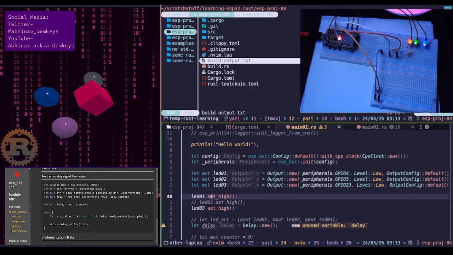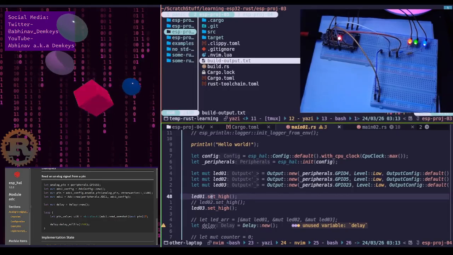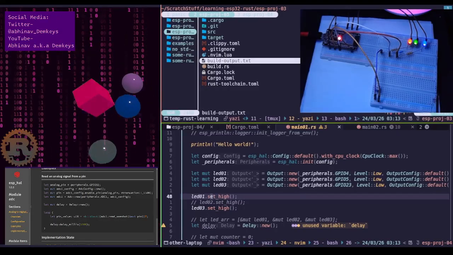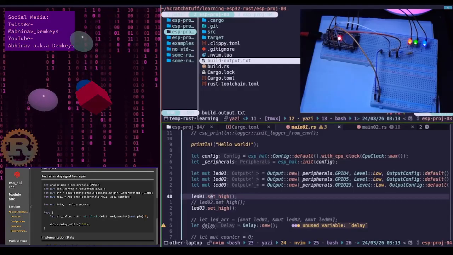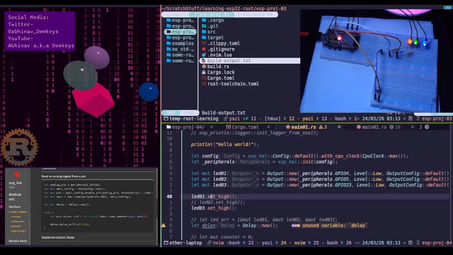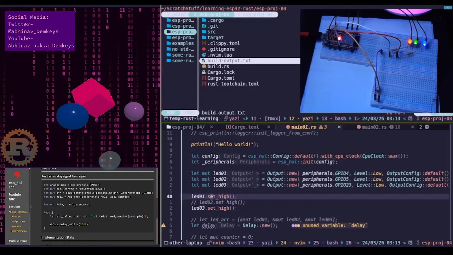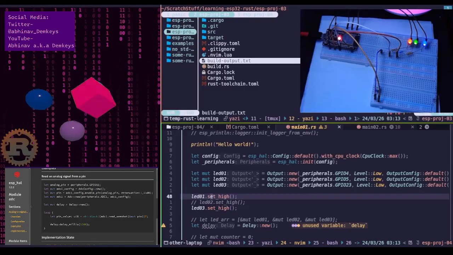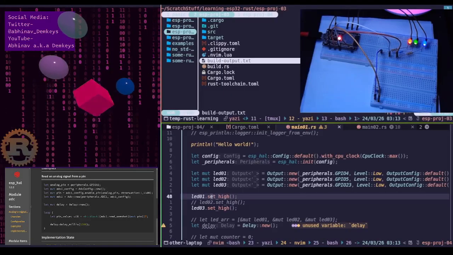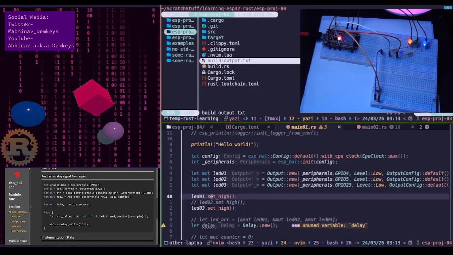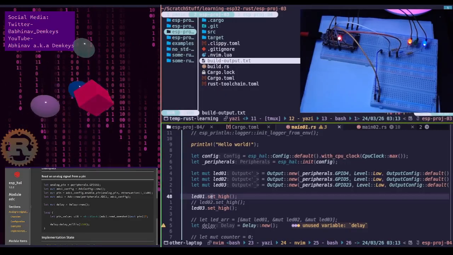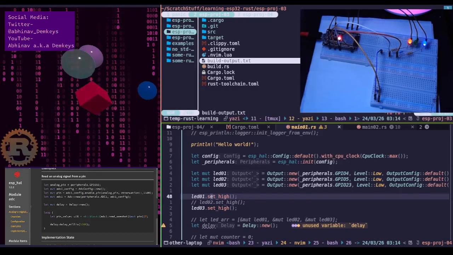I wanna understand the calculations surrounding it, and then I wanna proceed with trying to use a potentiometer to send different types of values to the ADC in the ESP32. So I want to try and use the ADC to read different types of values coming in from the potentiometer.